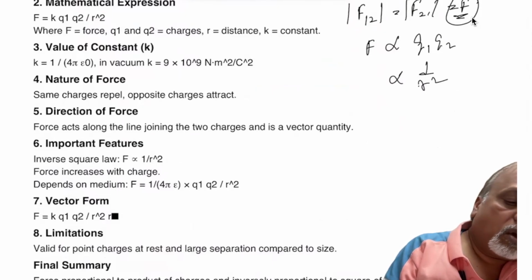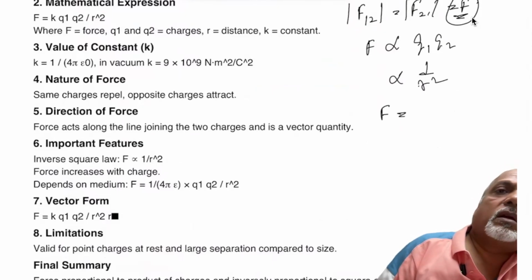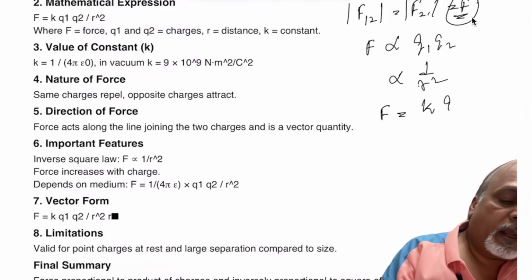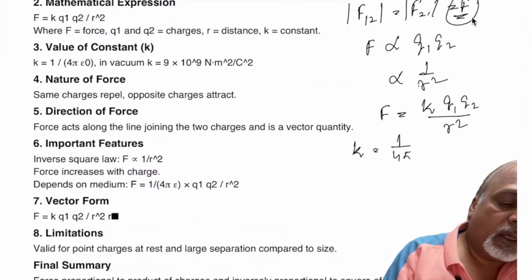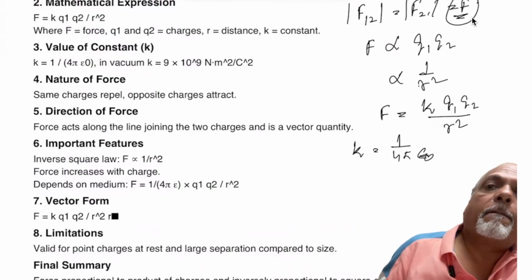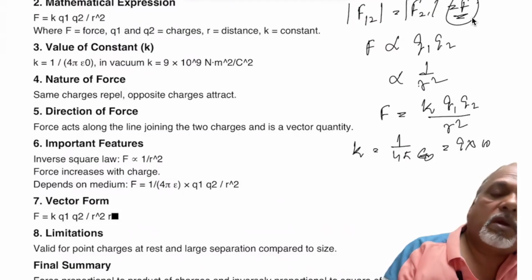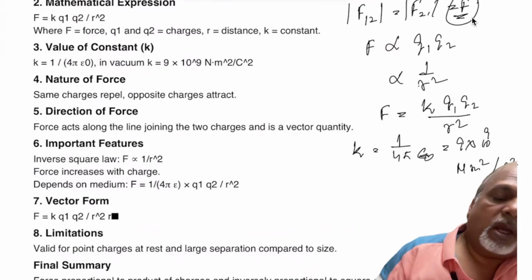So if we remove the proportionality sign, then it is basically K Q1 Q2 upon R square, where K is nothing but 1 by 4 pi epsilon 0. Correct? Value of this K is basically 9 into 10 raised to 9 Newton meter square upon Coulomb square.